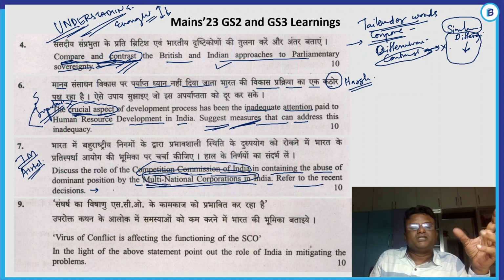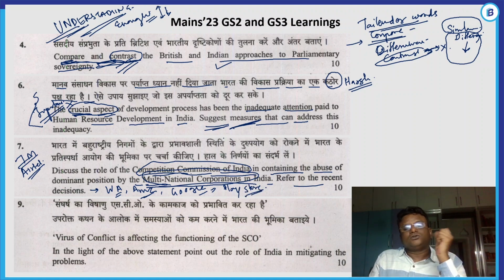So in 2021, 22, 23, there have been cases against WhatsApp, Amazon in retail, WhatsApp about privacy, and against Google, something related to their Play Store dominance.